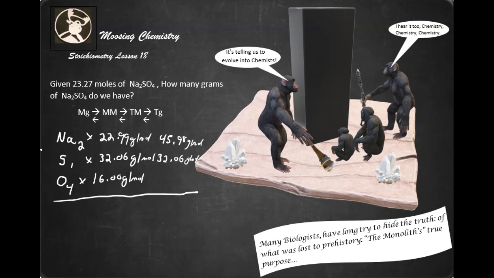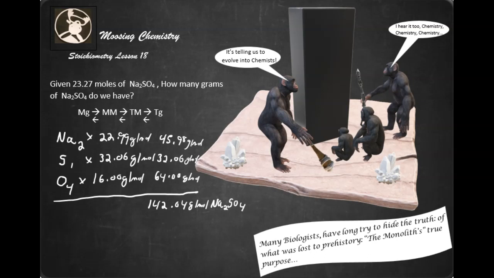And then 4 times 16 is going to give me 64.00 grams per mole of oxygen. All we have to do is add those all up together, and when we do that, we get 142.04 grams per mole of sodium sulfate, which is Na2SO4.